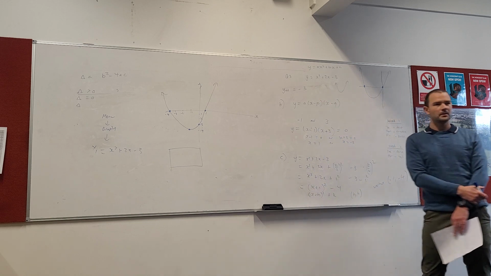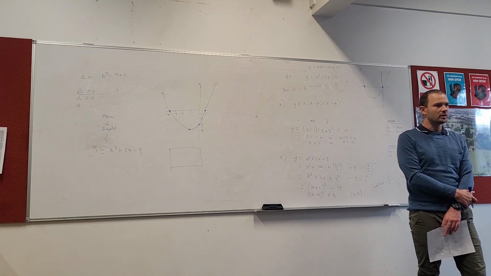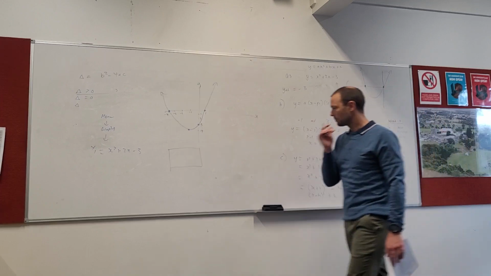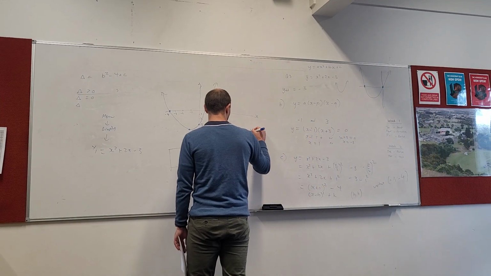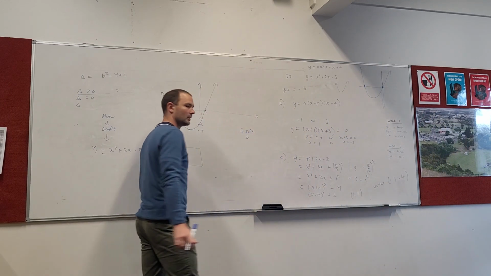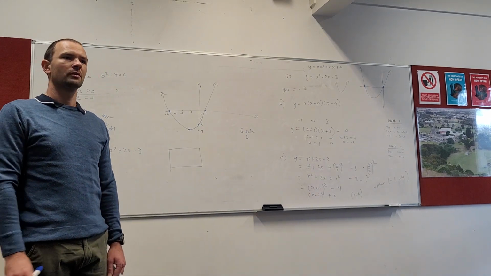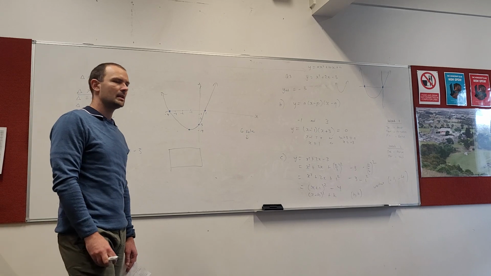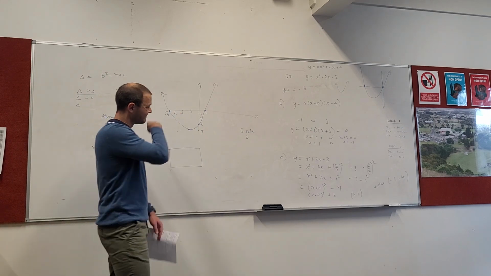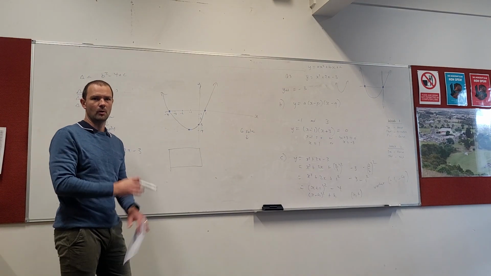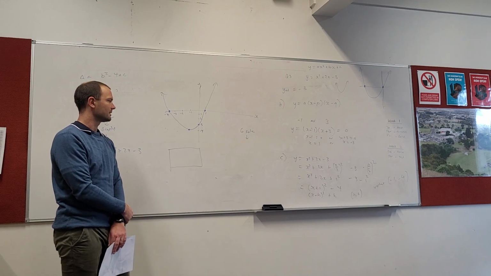The first thing is in G-Solve. If you press G-Solve, you'll notice all of the options that pop up: y-intercept, root, max, min, and intersection, if you've got multiple functions and you want the point of intersection.